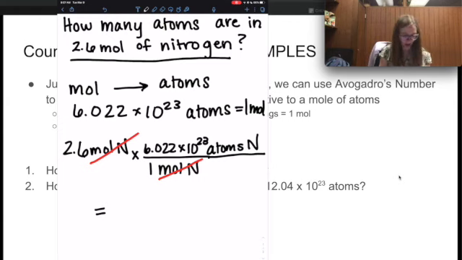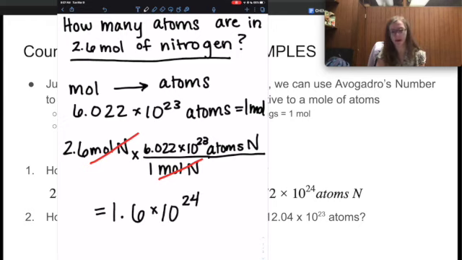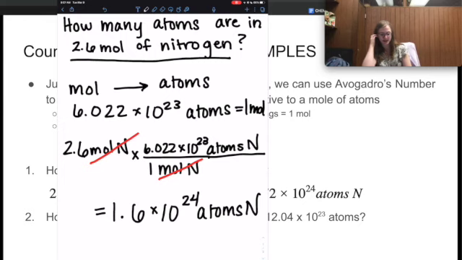So I'm going to go ahead and multiply this out. So 2.6 moles of nitrogen actually gives us 1.6 times 10 to the 24th atoms of nitrogen.